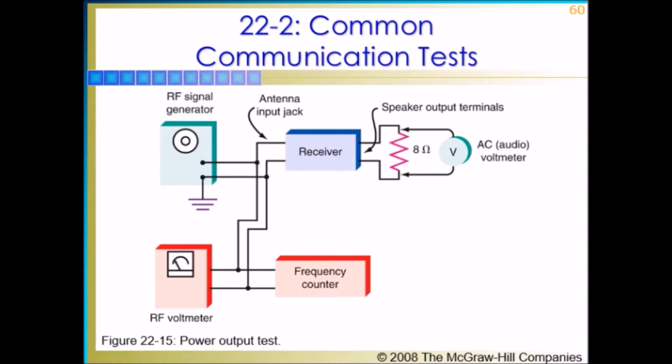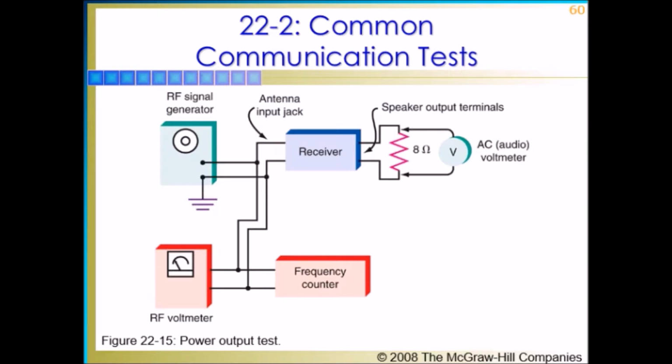If AM is used, set the percentage of modulation for 30. If FM is used, set the deviation for 3 kHz. In most signal generators, the percentage of AM and the frequency deviation for FM are fixed. Refer to the signal generator specification to find out what these values are.